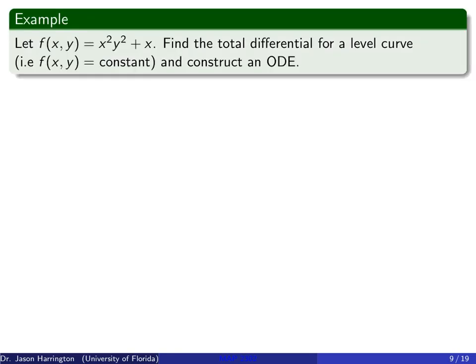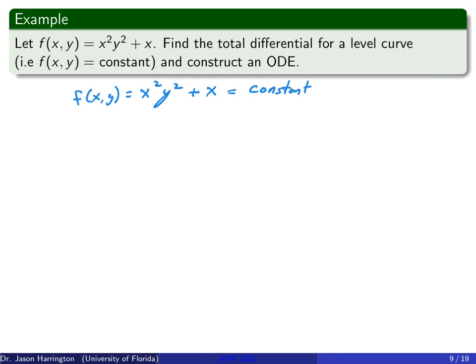So now let's work backwards here, and hopefully you can see the pattern as to how these things actually work. Suppose I have a surface, and I want to set this equal to a constant, so I have f of x y equals x squared y squared plus x equals some constant, c.